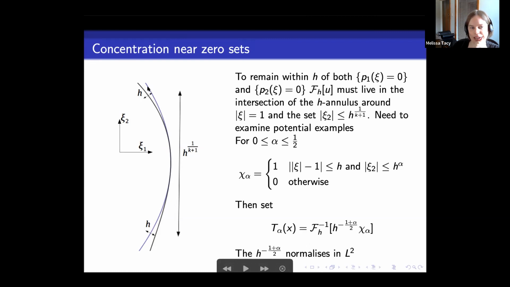And now up here, once I get xi2 being too large, I can't simultaneously be within h of both surfaces. So this tells me that in fact, I have to keep xi2 smaller than h to the 1 on k plus 1 if I want to solve both simultaneously.